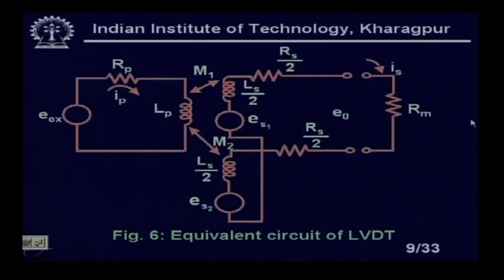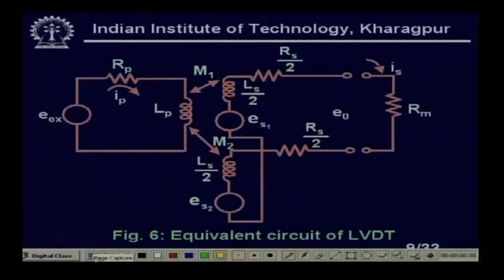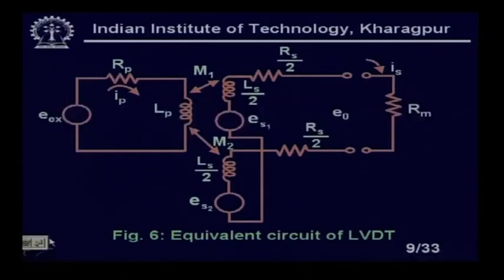Now, I want to write the KVL around this loop, that means on the primary side.